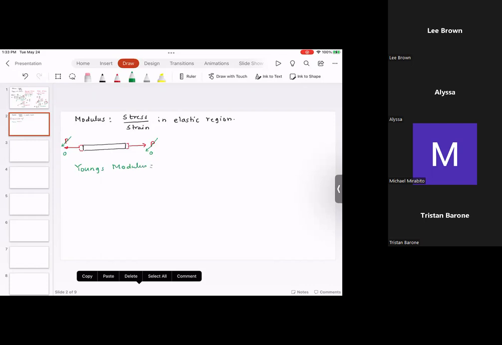That Young's modulus is given as E, and that is stress divided by strain.